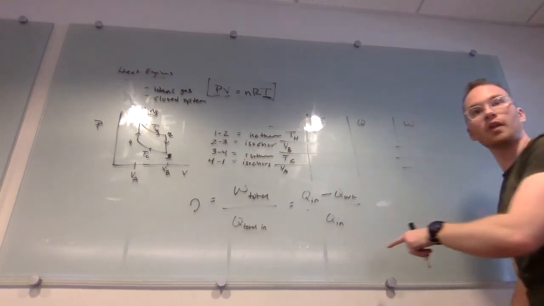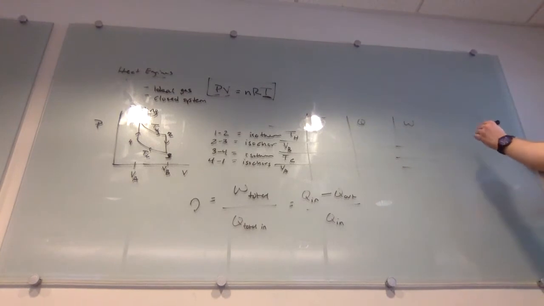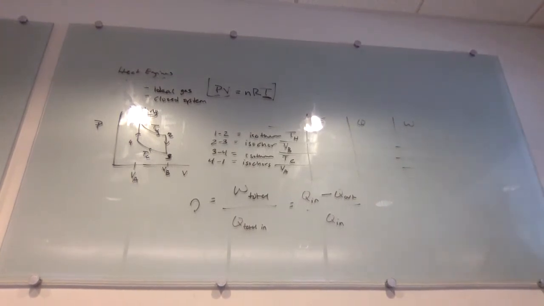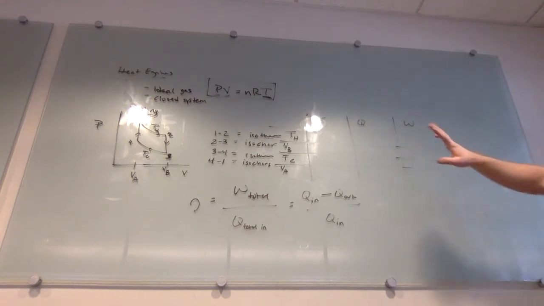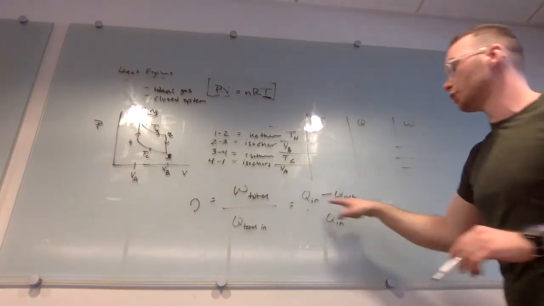This is the same thing. And it's the same because remember that picture with the in, out, and work? That's always true for all heat engines. That's not just for the Carnot cycle. That's obviously a good example, but work is always equal to Q in minus Q out. That's conservation of energy. So you could also write the efficiency as this.